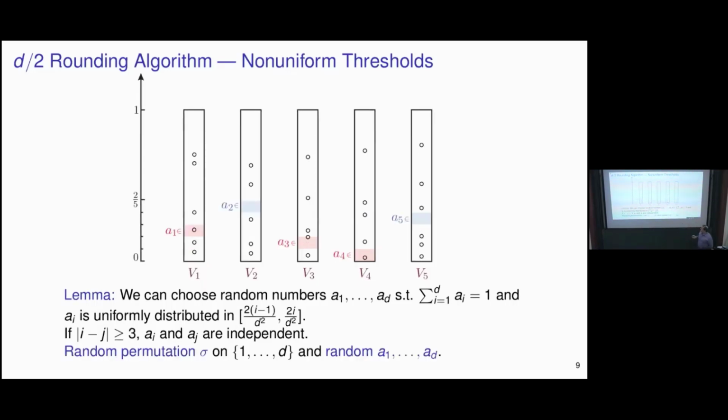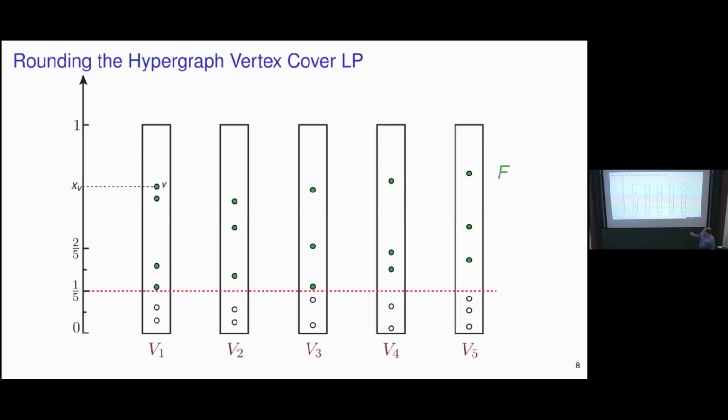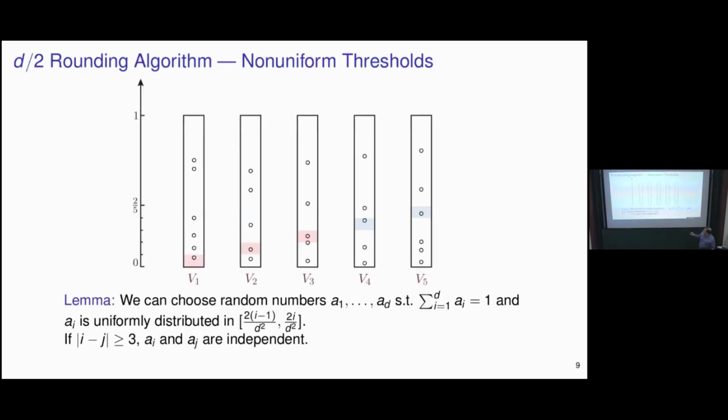That's not sufficient. What we also need to do is we cannot always have this. For lower levels, the threshold is chosen from a smaller interval, yes.